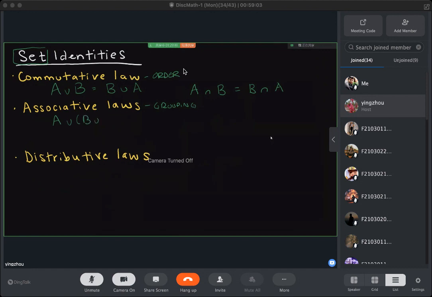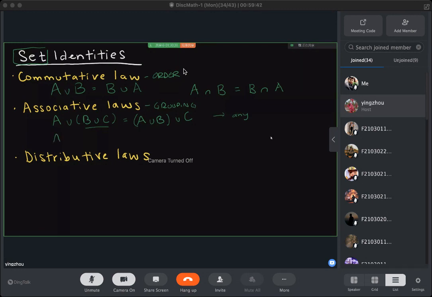A union, B union C, where B union C happens first, gives the same result as taking A union B and then taking the union of that result with set C. With a union, the result is a value that's in any of those three sets, so if it's in A or B or C, it's in the union in whichever order you combine them.